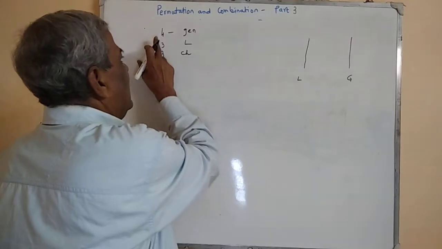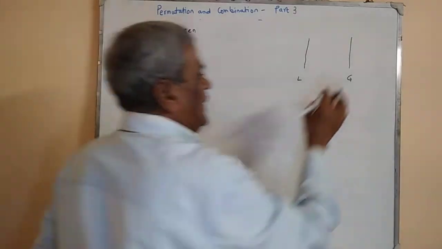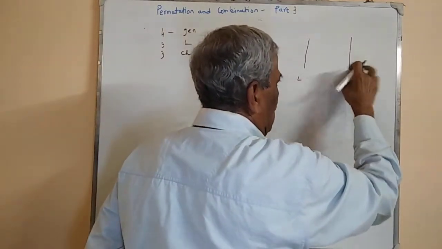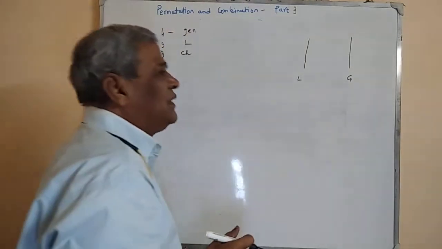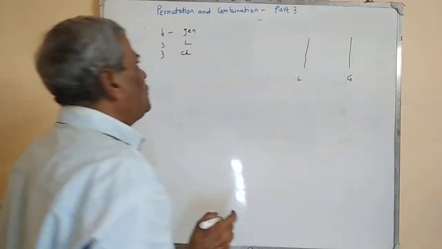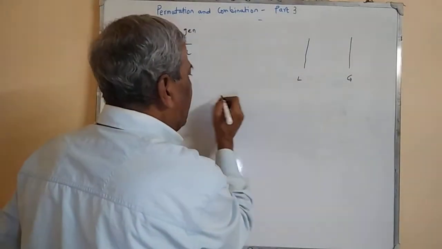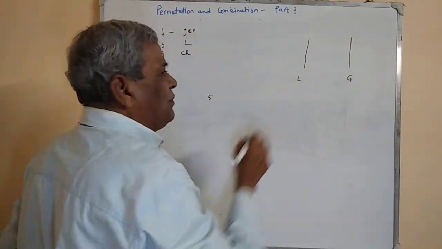First of all, there are four gentlemen. They can be seated anywhere there. There are five positions. So the first gentleman can sit in five different ways.